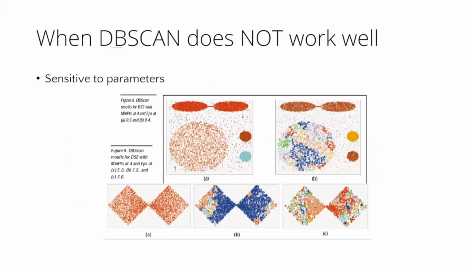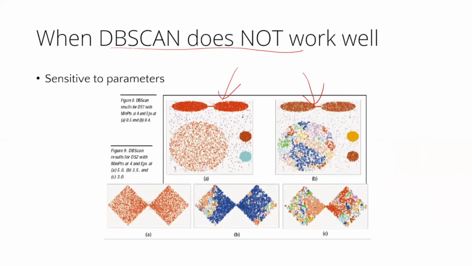So the DBSCAN algorithm does not work well when you set the parameters not so appropriately. So here we have the DBSCAN algorithm applied with a certain combination of epsilon and the min points. And here is a different combination of epsilon and min points.